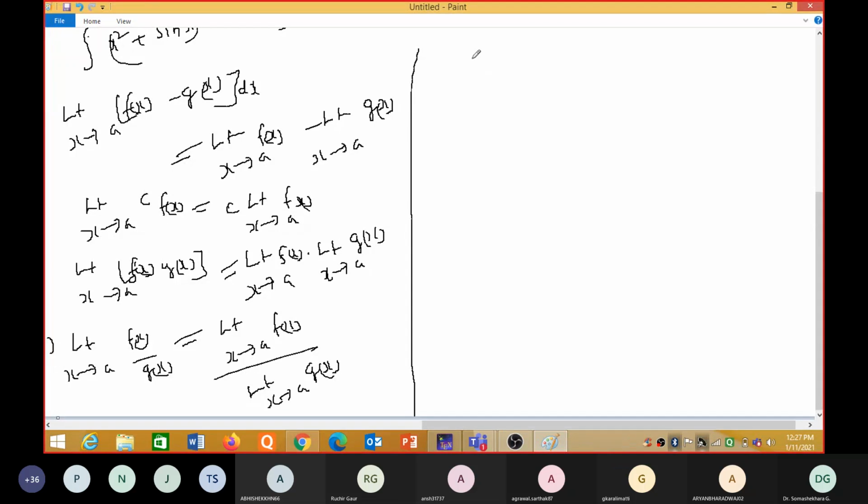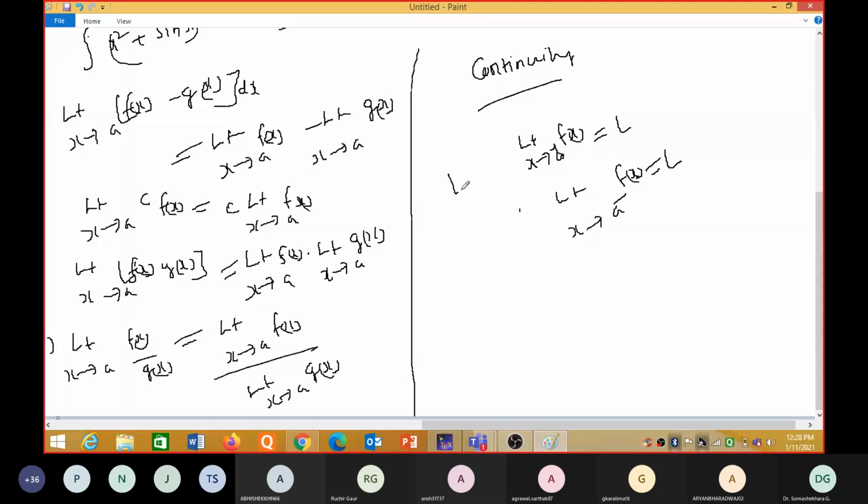So continuity: here the left hand limit, limit x tends to a minus f of x, and the right hand limit, limit x tends to a plus f of x, both exist and both are equal to L. In that case, we can say the given function is continuous at the point a.